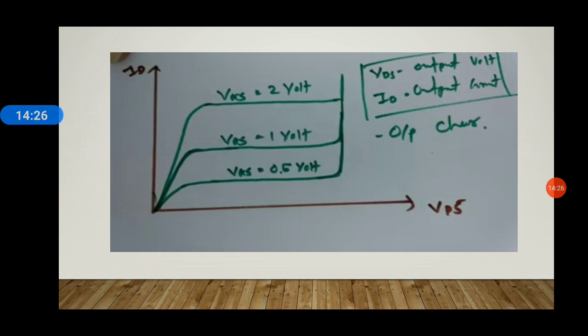As we go on increasing VDS, keeping VGS constant, ID will shoot up, that is, increase instantly, and then will saturate at a certain level. But as we go on increasing VDS to a certain level, breakdown will occur, and due to avalanche multiplication, ID current will shoot to a higher value.